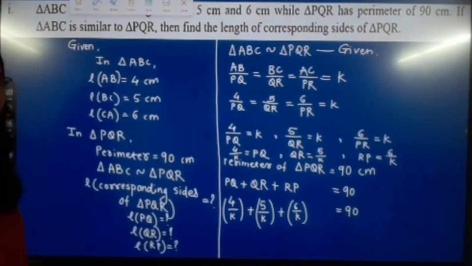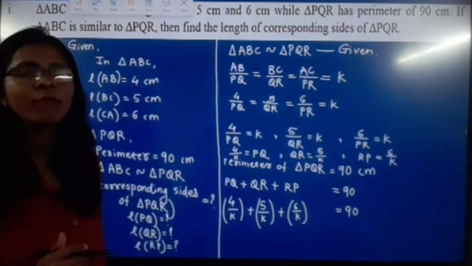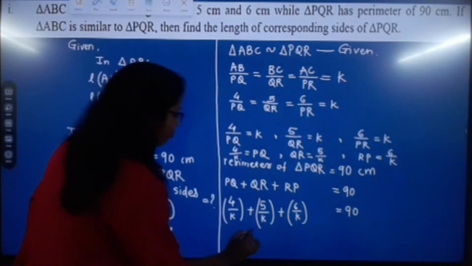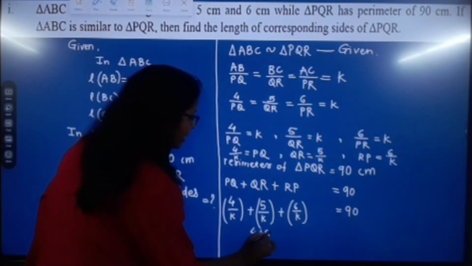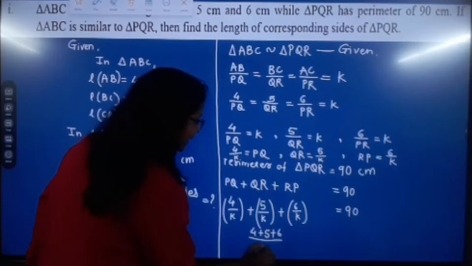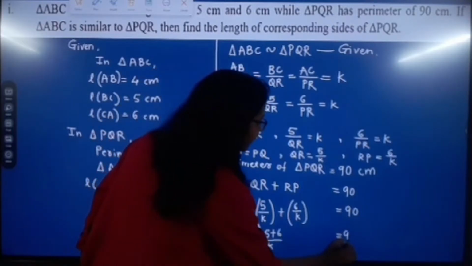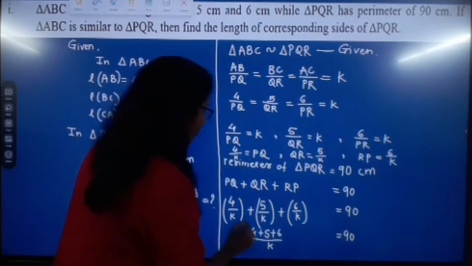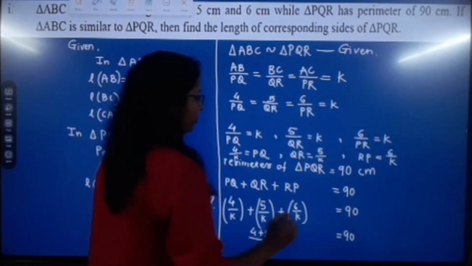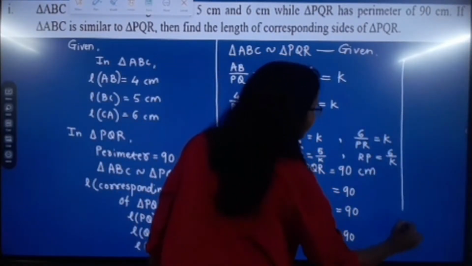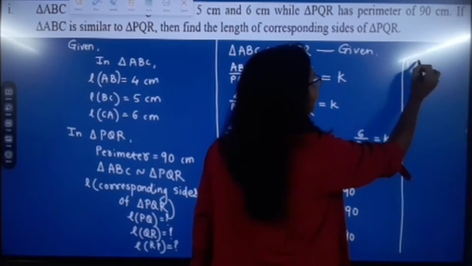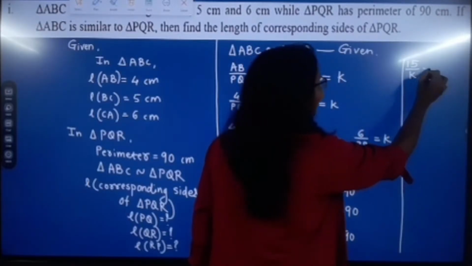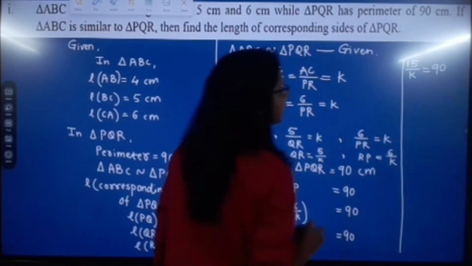So here students, the denominators are equal. So here we say 4 plus 5 plus 6 upon K, which is equal to 90. So here students, 6 plus 4, 10, 10 plus 5, 15, 15 upon K. Here students, 15 upon K is equal to 90.